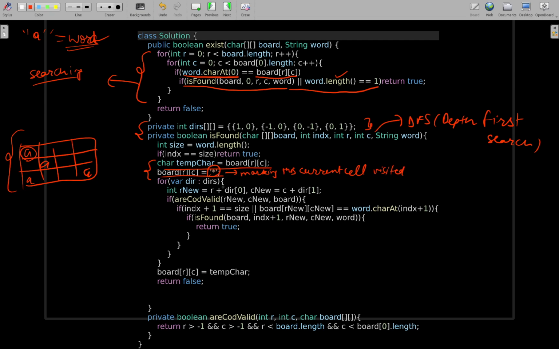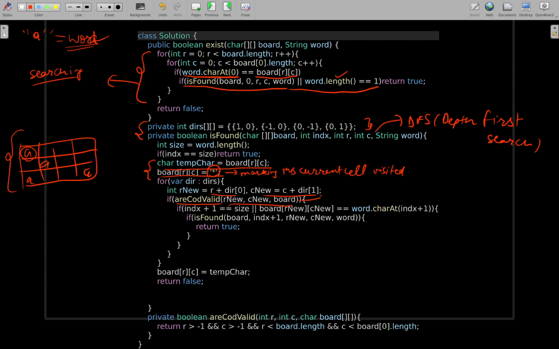Then we will be exploring the 4 directions from which we can move to the next cell from the current cell. We should be checking whether the coordinates we generate with these 4 directions are within the board or not.